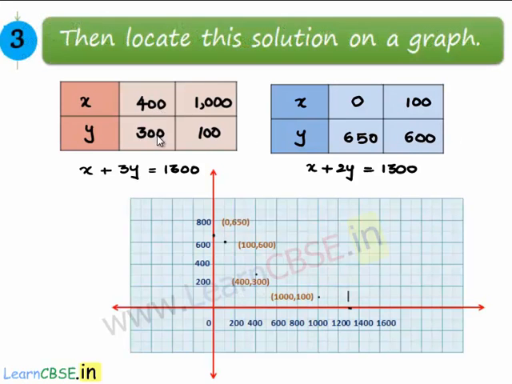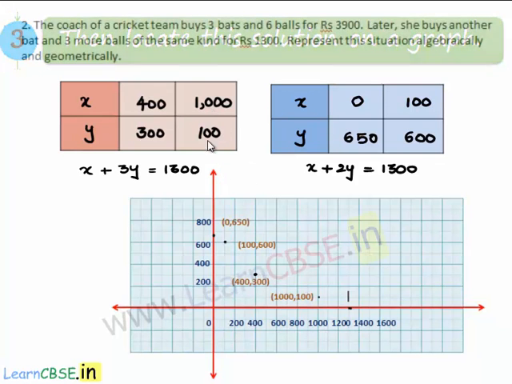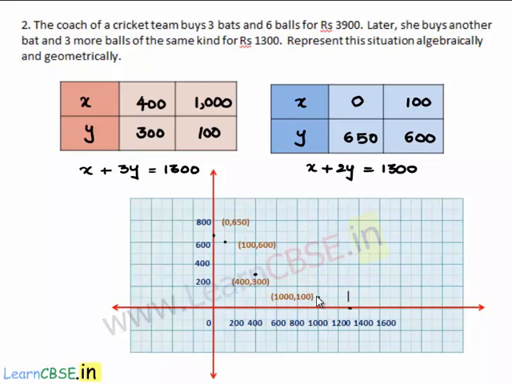Now 400, 300 is here, 1000, 100 is here. So let us join these points in order to get a straight line. The equation of that straight line is x plus 3y is equal to 1300.